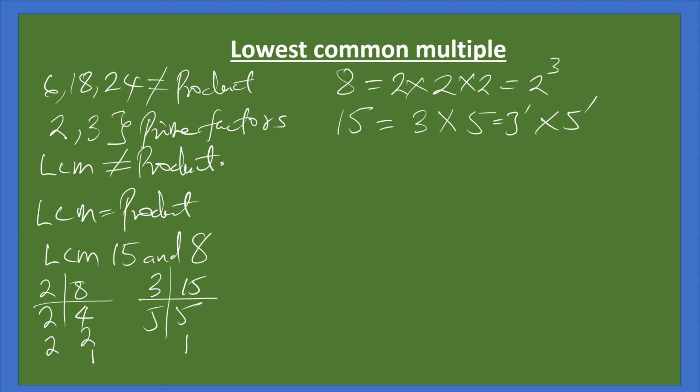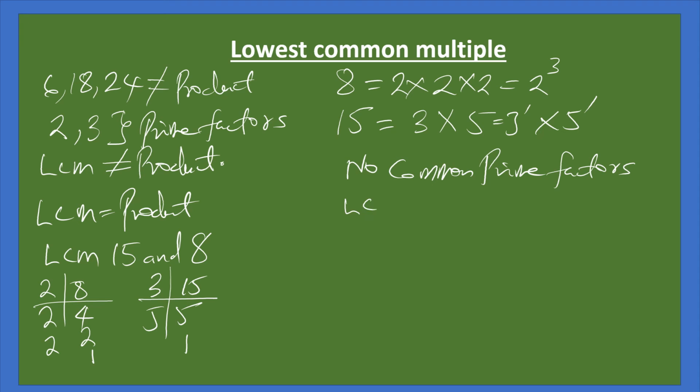So what does this tell you? It simply tells you that there is no common prime factor amongst 8 and 15.